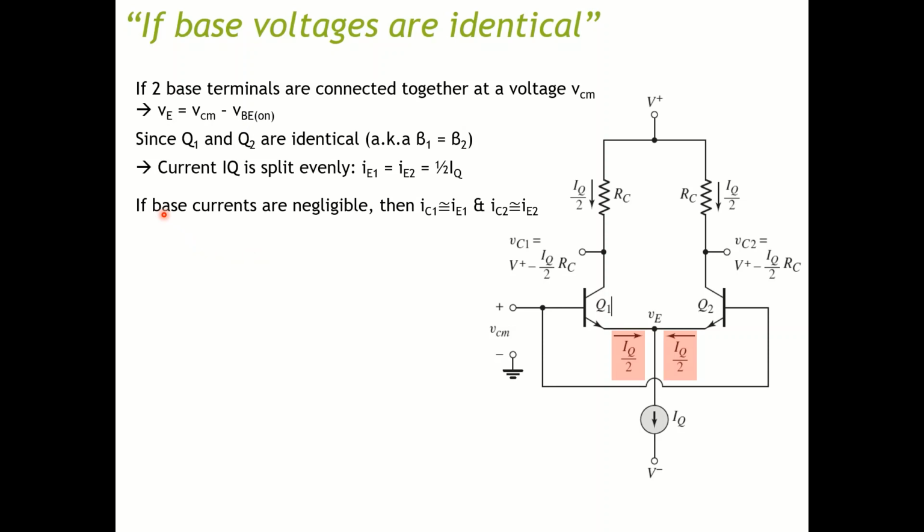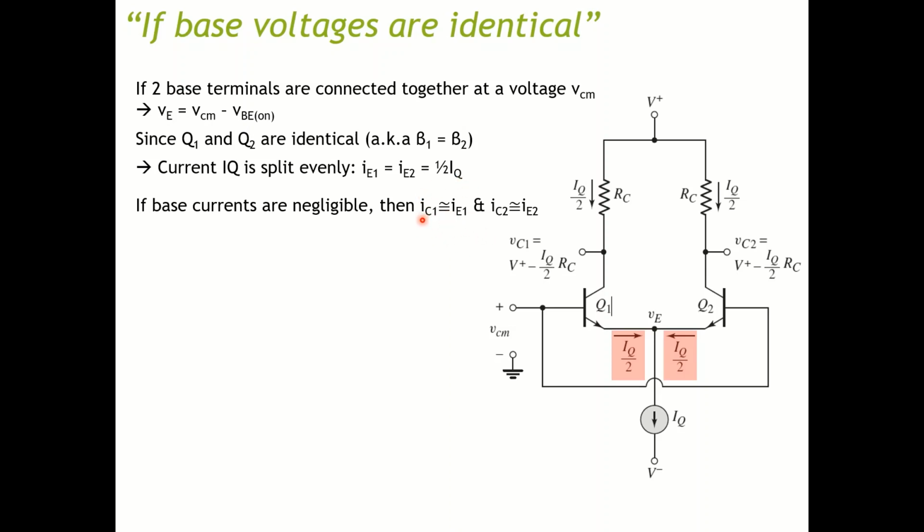Second, if the base current is negligibly small, in other words, if beta is large enough, you can assume the collector current is equal to the emitter current. Imagine if you have 200 for beta, then 200 over 201 is not very different, so you can make that assumption.